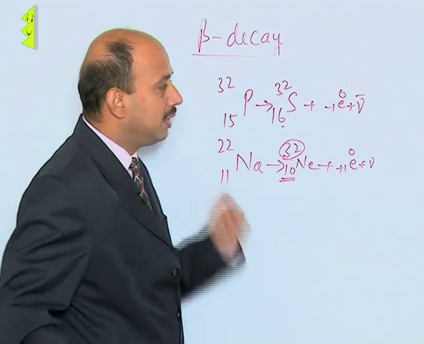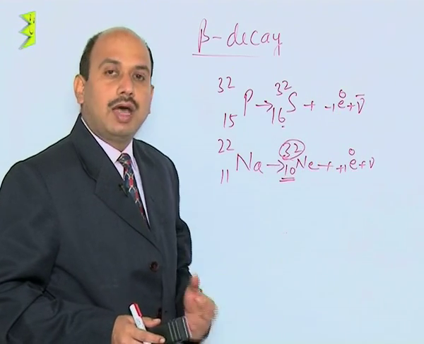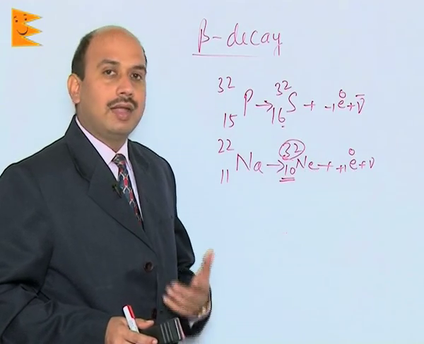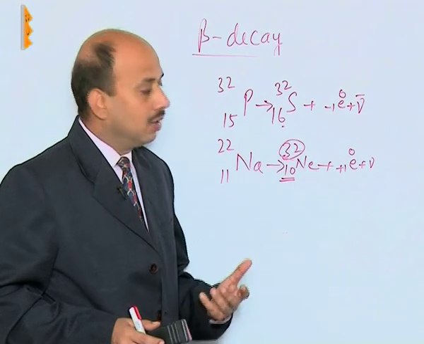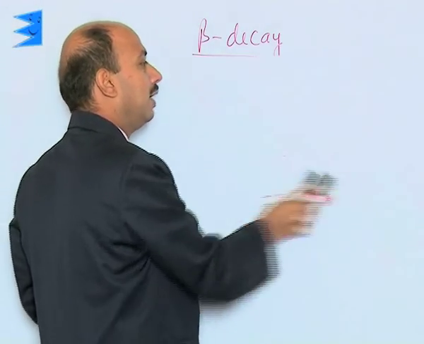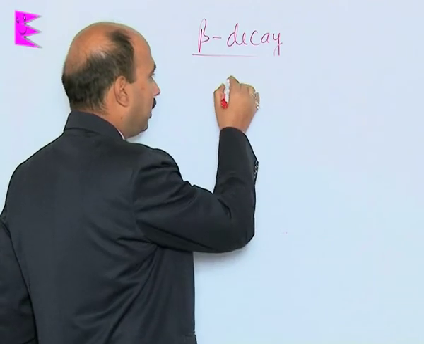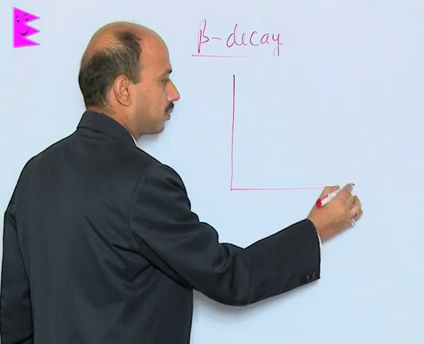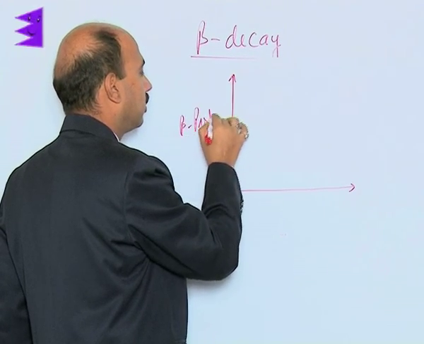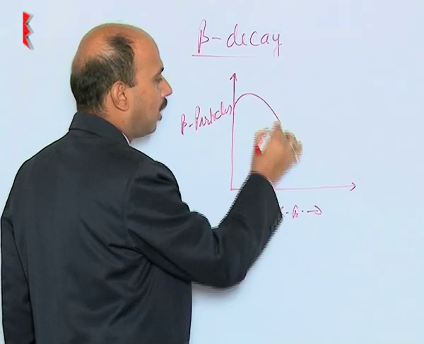But see here, during the beta emission the neutrino particles are always emitted, and you know the low energy beta particle comes out with the high energy neutrinos, and high energy beta particles come out with the low energy neutrinos. When we draw the graph between the kinetic energy of the beta particle and the number of beta particles emitted, here are the beta particles and here is the kinetic energy, then the graph comes out to be this.